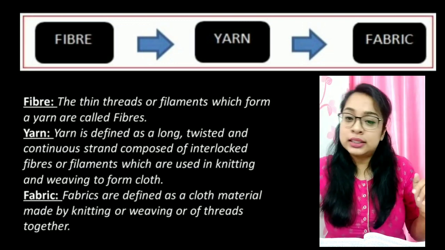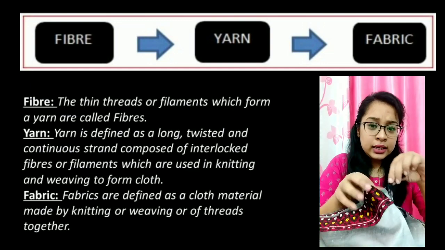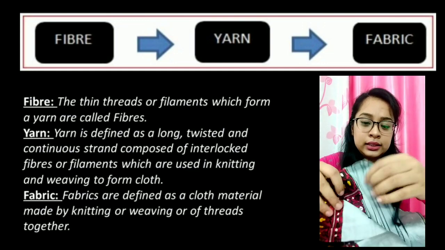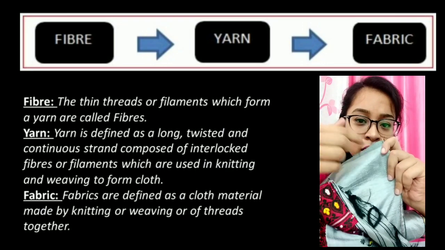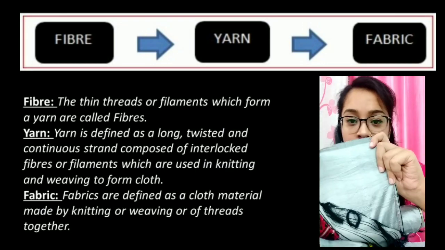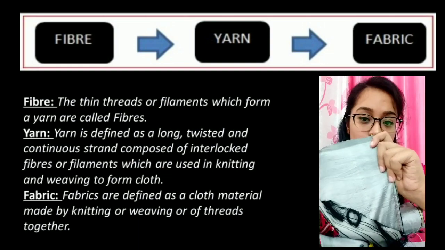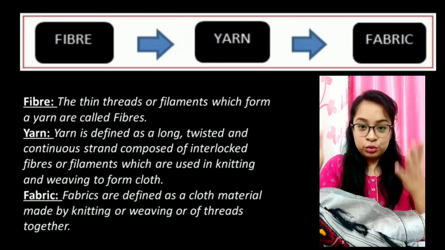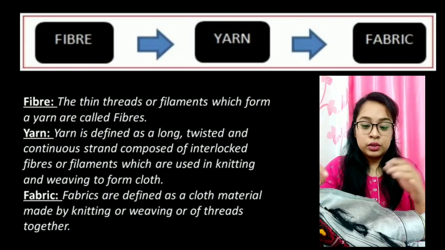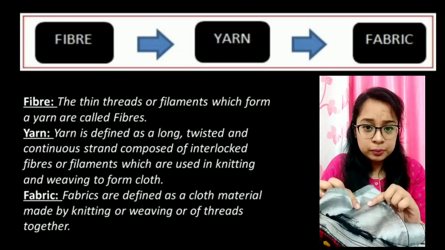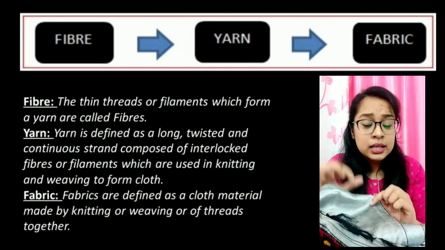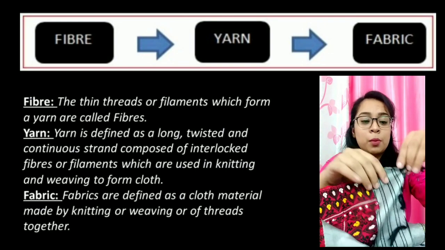Now if I show you this sari, if you see it properly, you will see some interlocking patterns. If you go to your wardrobe and take out a sari or any dress, you can easily see an interlocking pattern. These are made up of threads, and the threads are made up of fibers.